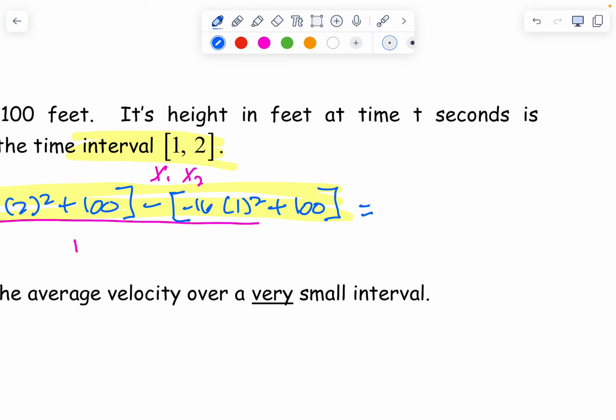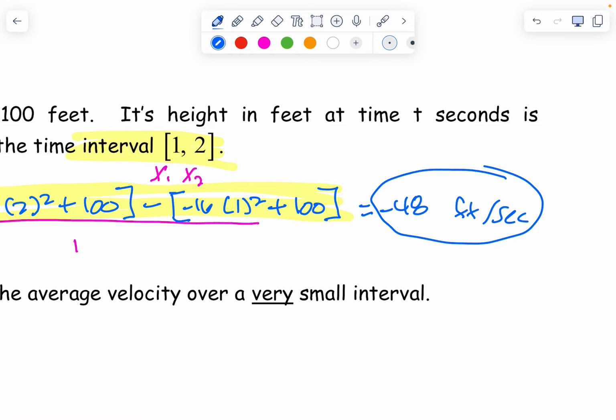Since we're dropping the ball, it should be a negative. Was it a 2-digit? Negative 48. Very good. So let's write negative 48 feet per second. That value is very important that I'm going to compare in a little bit.